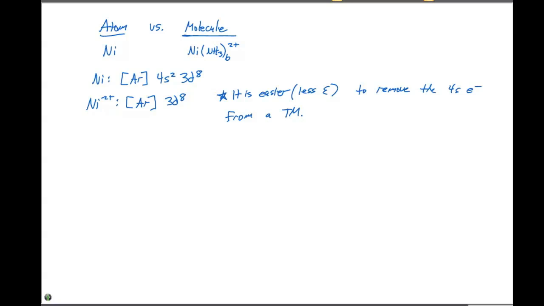So when we write out an electron configuration, we're always going to remove those s electrons first. This is the reason that practically every transition metal along the transition metal series has a 2+ oxidation state, because for it to become a 2+ charge, it has to lose 2 electrons.